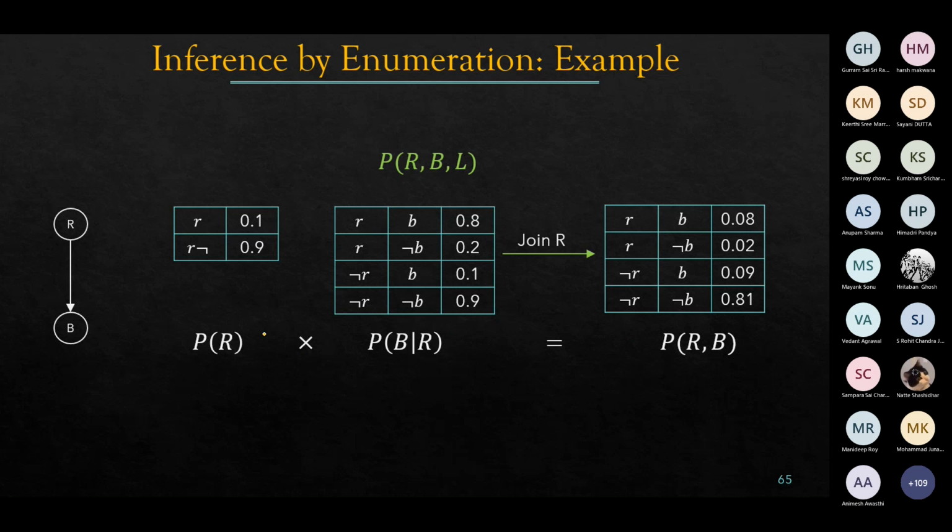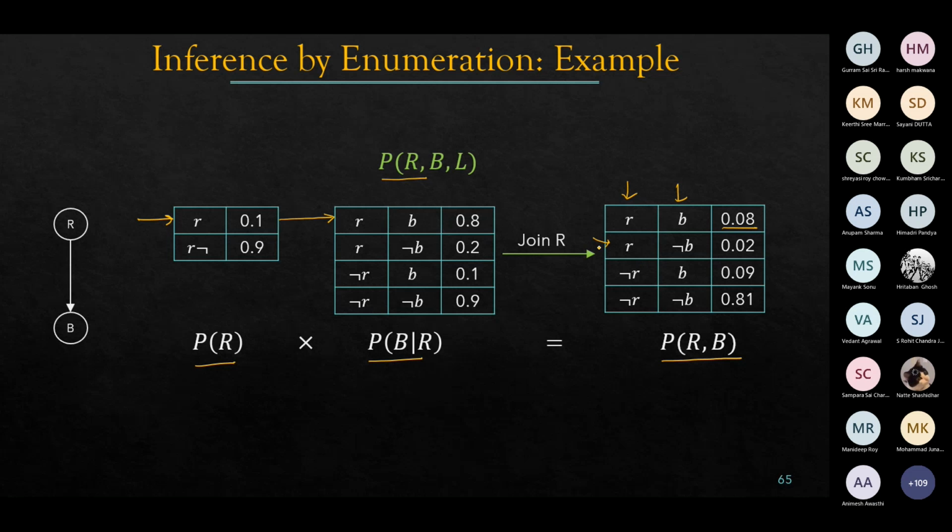If we multiply these two, we will get the probability P(R, B). How do we do that? Take this row and multiply it with this row. If we do that, we get R and B both positive, and the multiplication value is 0.008.